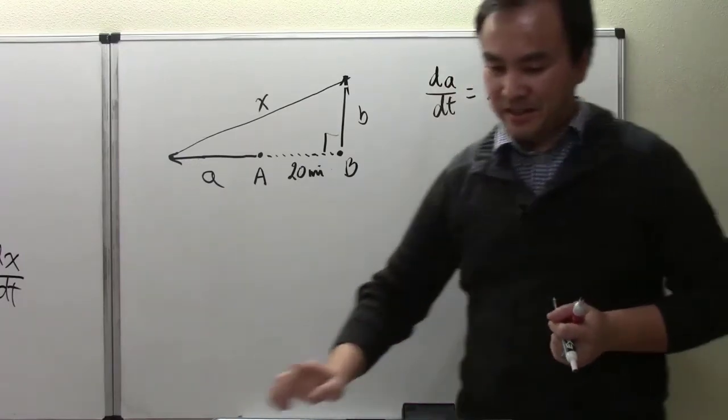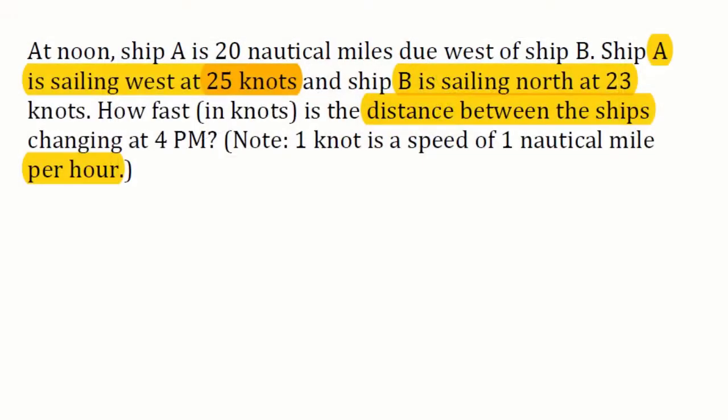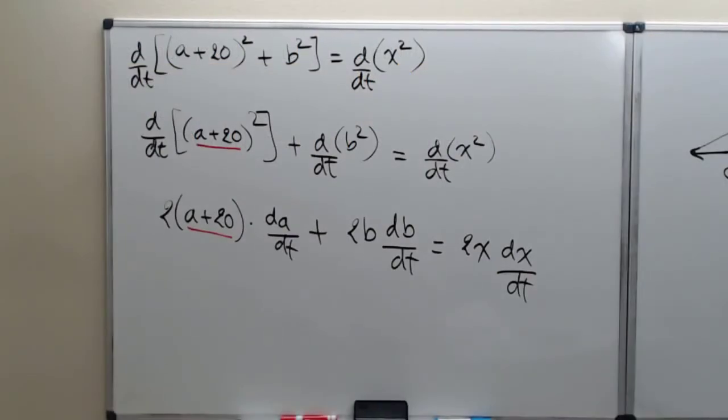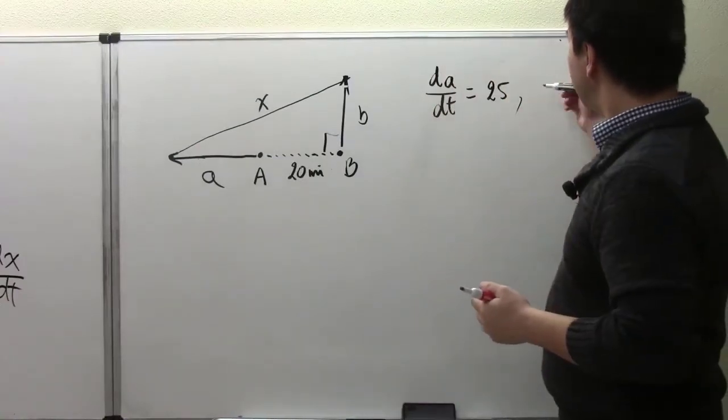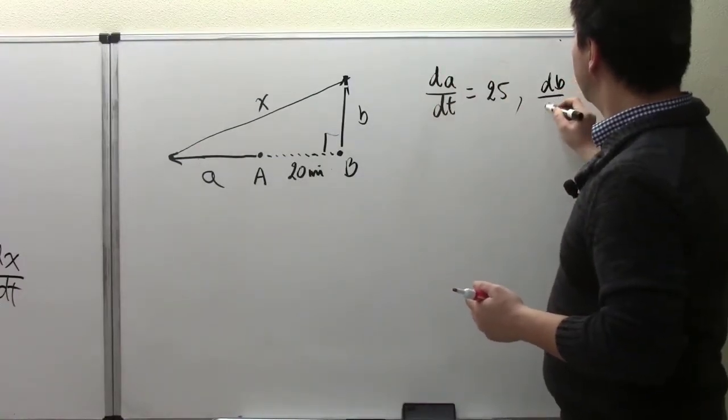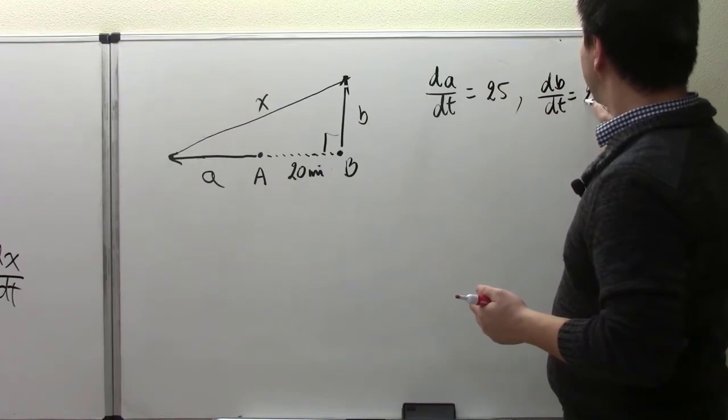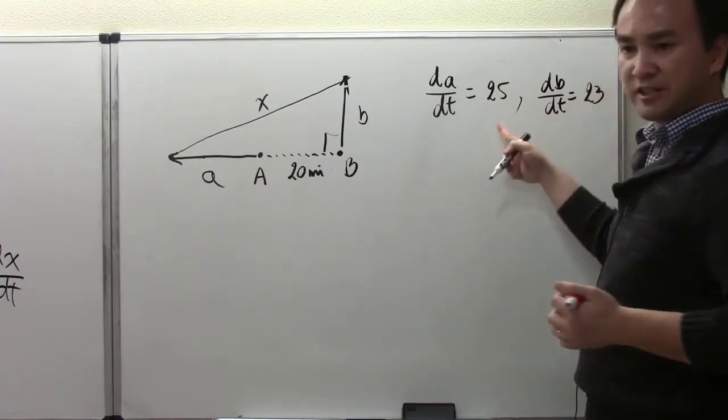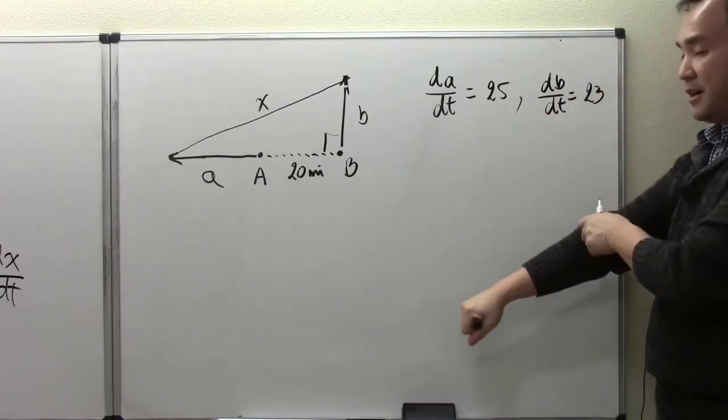Further, let's look for other information. Ship B is sailing north at 23 knots. So another piece of information we have now identified: dB/dt is also given, at 23 knots. So these are constant speeds. That's a good thing.